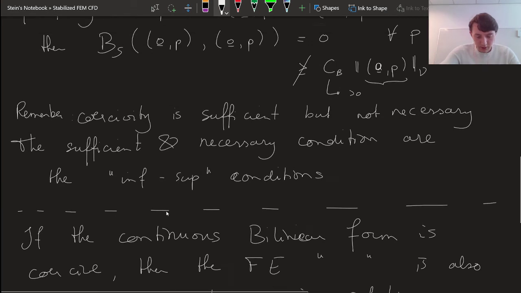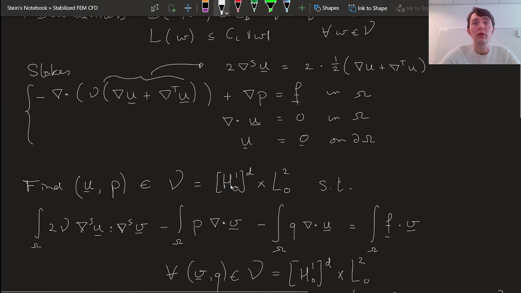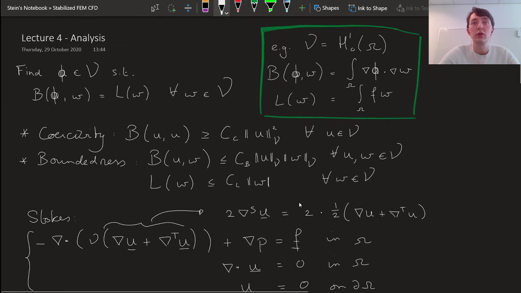I'm just going to point it out by the definition of coercivity. So coercivity is saying that this has to hold true for all functions in this space, for all of them. And what the finite element method really does is it only takes a couple of these functions in this space. It takes a couple of these hat functions or linear combinations between these hat functions. So if this condition is true for all functions in our infinite dimensional spaces H1, or here H1_0 times L2_0, if it holds for all choices, well, then it certainly also holds for this subset of choices which create our finite element function space.